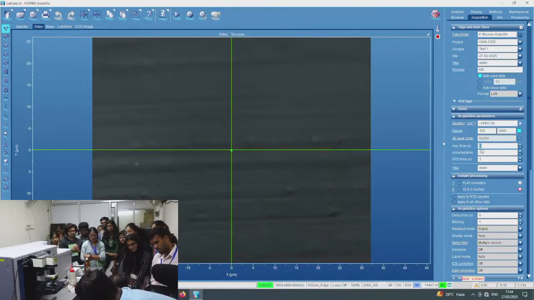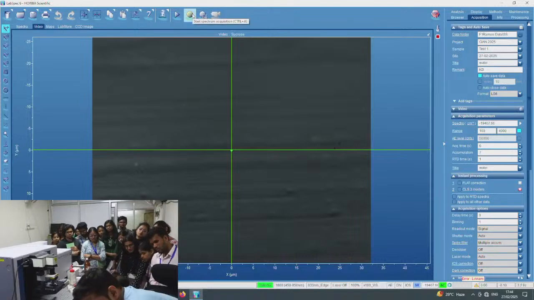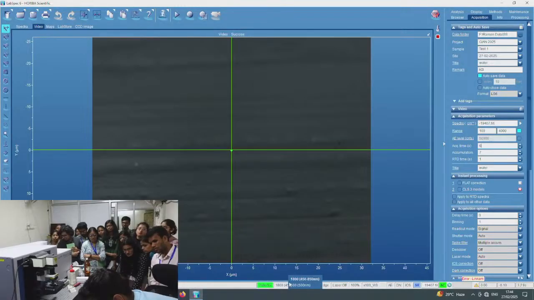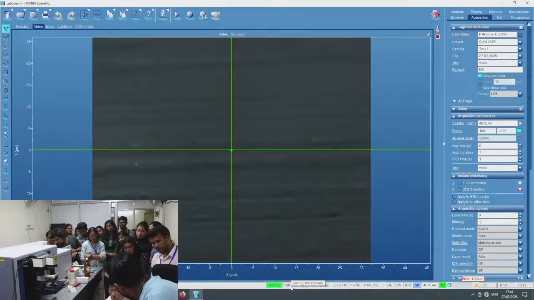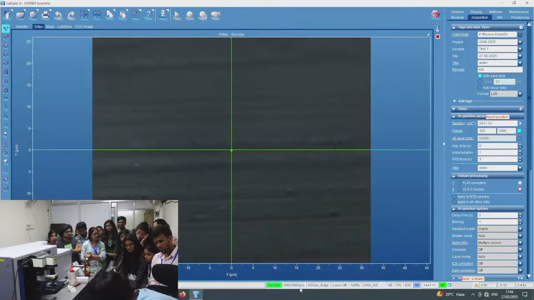First of all, let's check the appropriate height. 633 nm, with the 600 grating. Two gratings are available, 600 and 1800. So 600 and 633, 100% laser power.